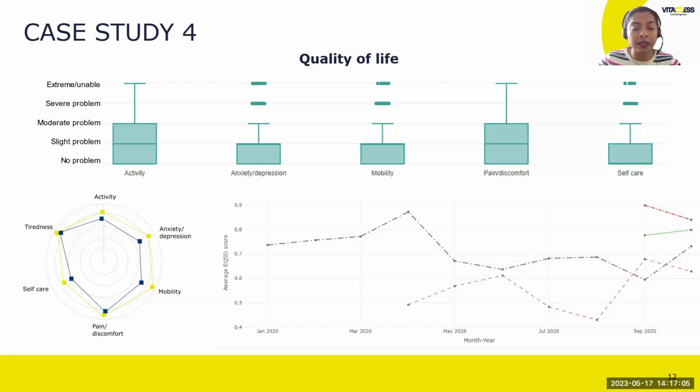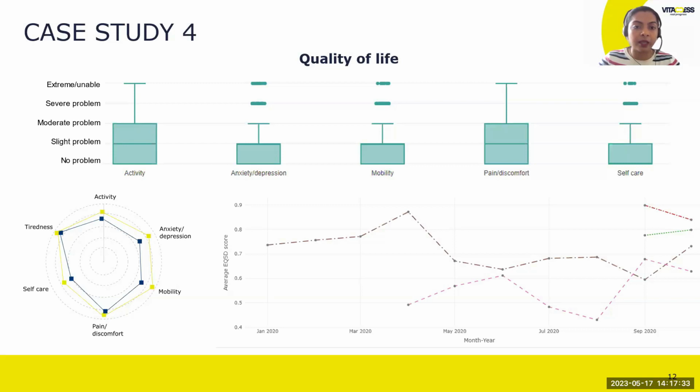These things could be affected by different factors. It could be internal factors, for example, treatments which they've started or treatments which are already ongoing, or any other factors, or external factors as well. For example, this data you can see is from January to September 2020, which is exactly during the COVID time.